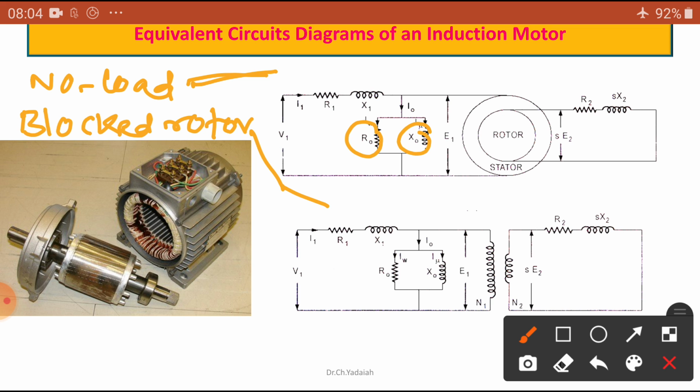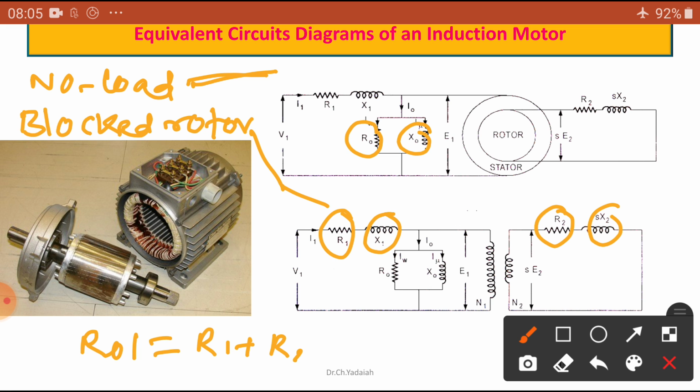What are the values? This value and this value and this value, these values. This one is equal to R01 referred to the primary side. What is R01? R1 plus R2 dash. Similarly, X01 referred to the primary side is X1 plus X2 dash.